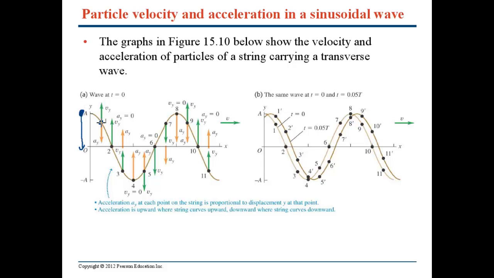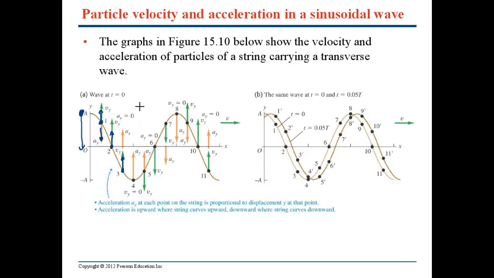At point number 1, the particles have a velocity in that direction, but they're accelerating back towards the equilibrium position. At point number 2, the object is not accelerating, but the particles have a velocity in the upwards direction. For number 3, it has a velocity in the upwards direction and an acceleration in the upwards direction, and so on and so forth.